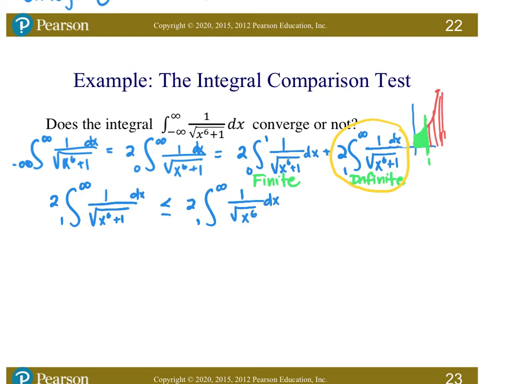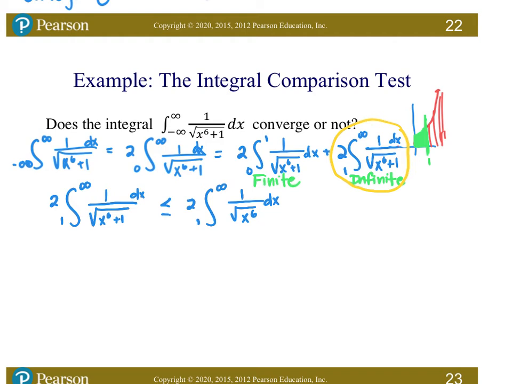I know that's true because the denominator of the left one is larger in value, which means the fraction is smaller in value. So we have that comparison set up.